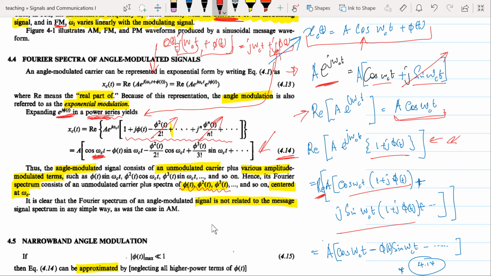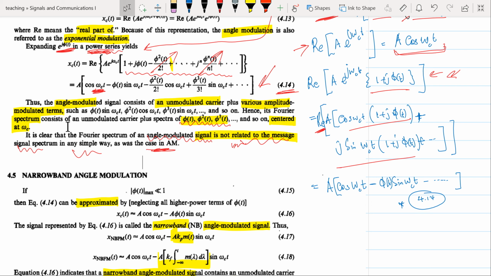Therefore, what we are saying here is that an angle modulated signal is not related to the spectrum of the message signal in any simple way, and therefore becomes quite different from what we saw in the amplitude modulated version, which we saw was simply directly related by simple translation, as I stated earlier.